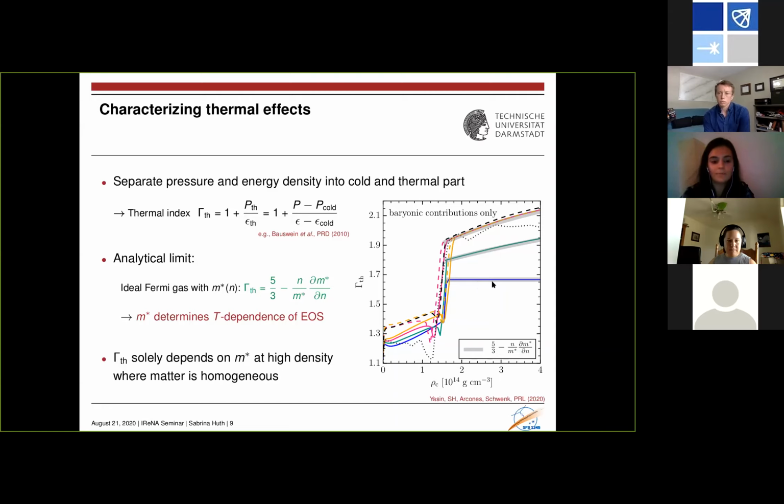So this again points out that the effective mass determines the density dependence of the EOS. And with this, the effective mass governs the thermal contributions to the pressure, and therefore the proto-neutron star contraction behavior.